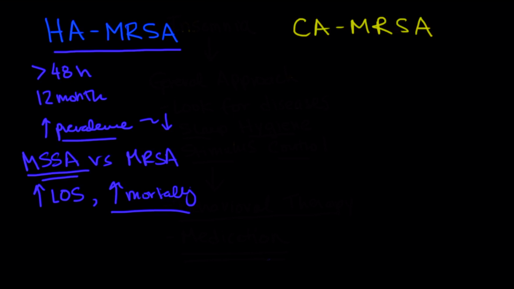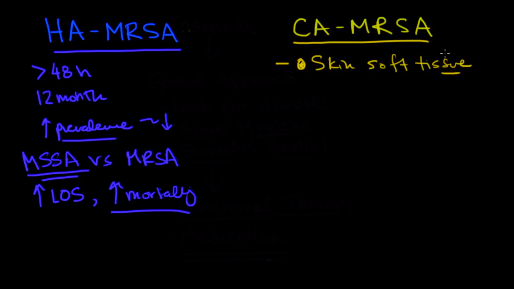Okay, let's talk about CA MRSA, and I think we're going to get into this a little bit later. But the two big areas, and this is the biggest one that this was seen, was in the skin and the soft tissue. This was pretty big in the early 2000s, mid-2000s.